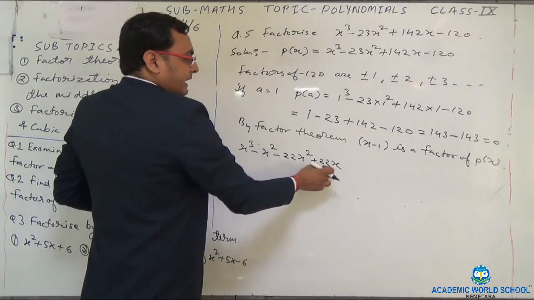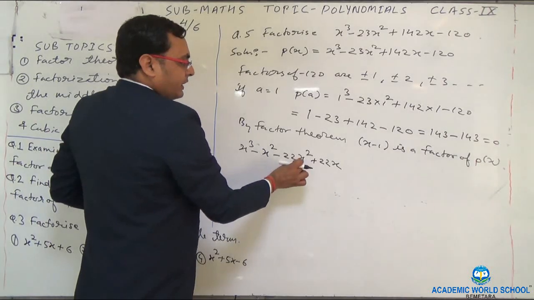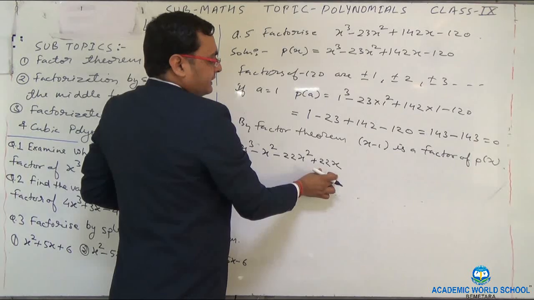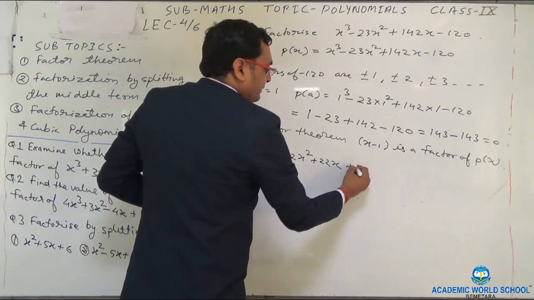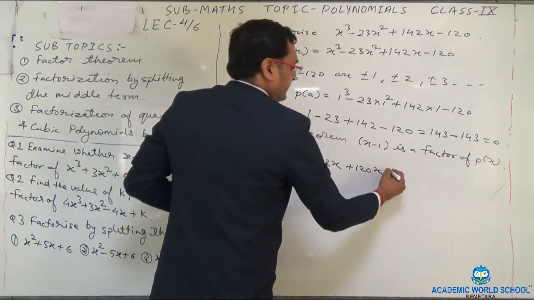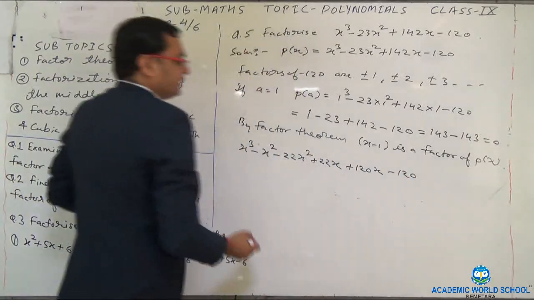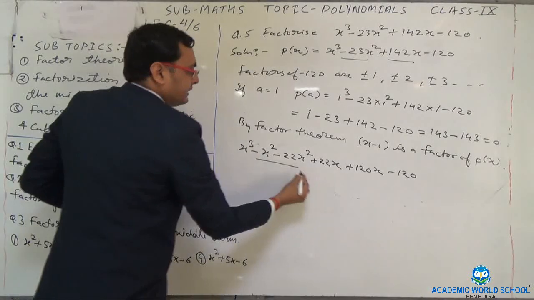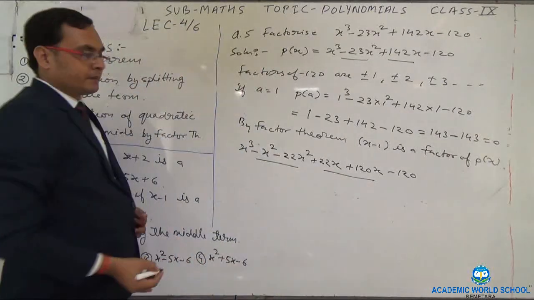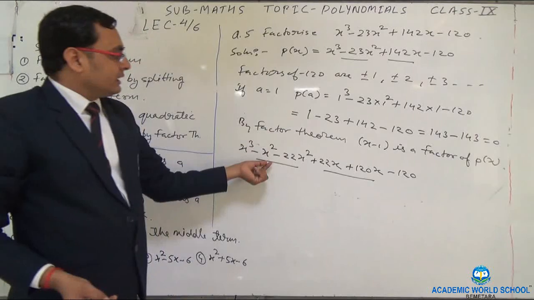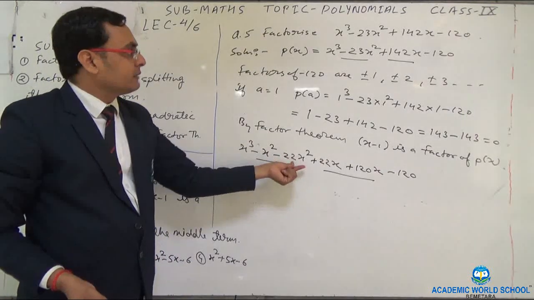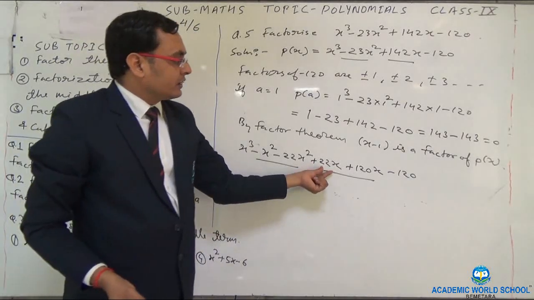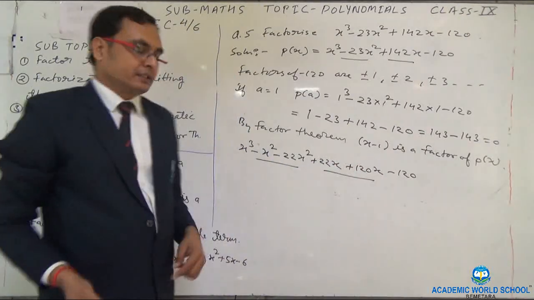Minus 22x is taken common from these two, so x minus 1 will be left, and the other part will be 120x minus 120. These are split in this manner: minus 23x square is split into minus x square minus 22x square, and 142x is split into 22x and 120x.